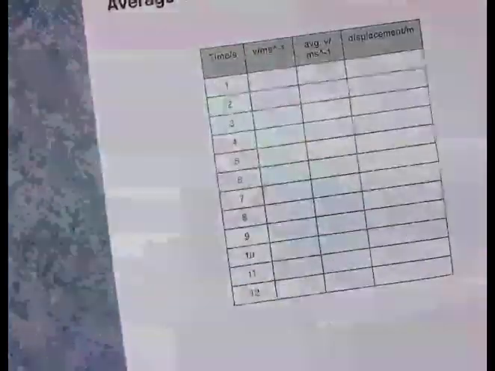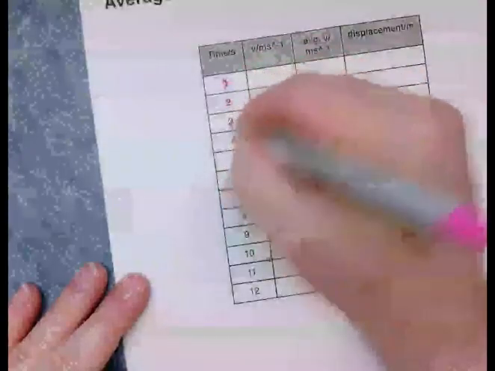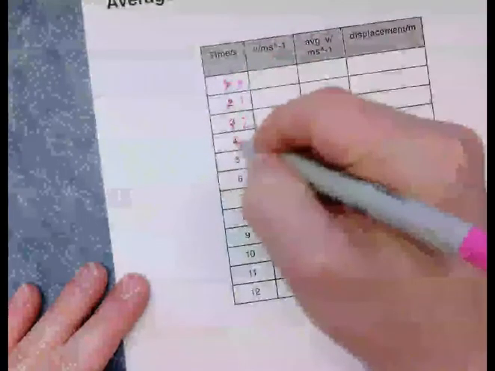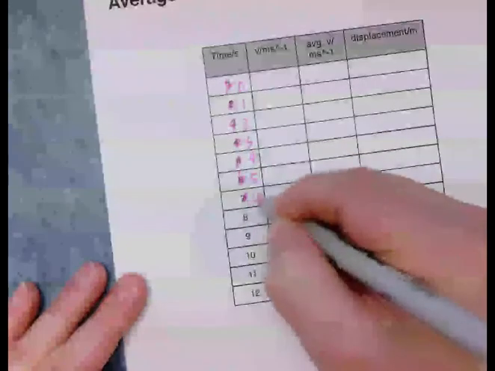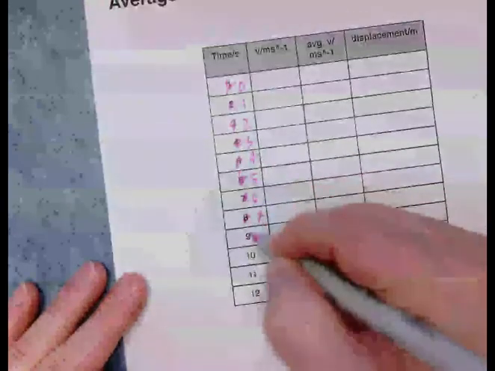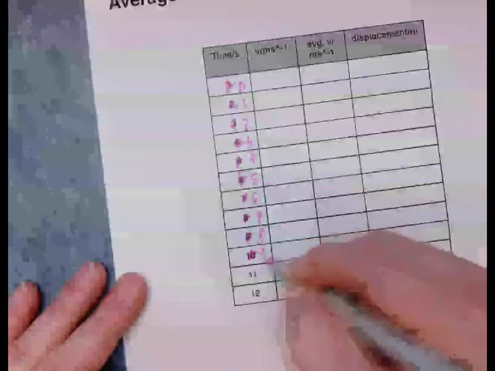So you might be asking, how would we use the average velocity table to solve this? Well, let's give it a try. 0, 1, 2, 3, 4, 5, 6, 7, 8, 9.